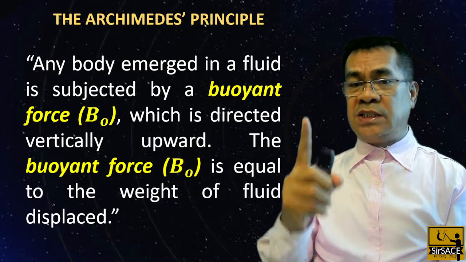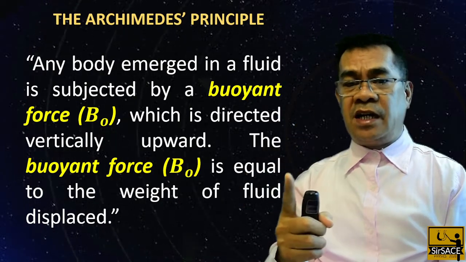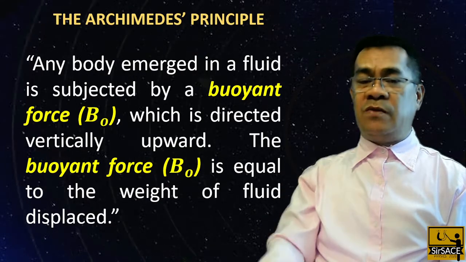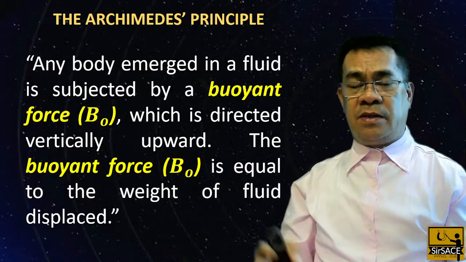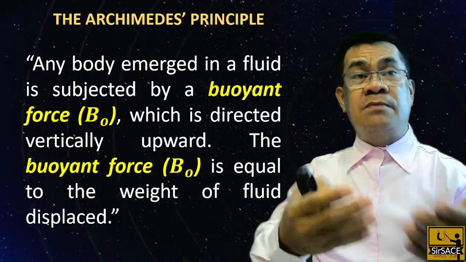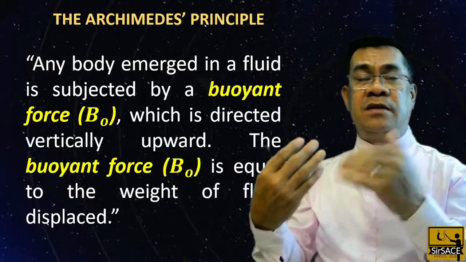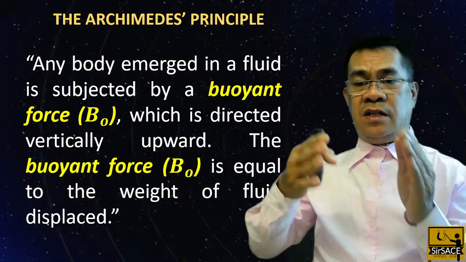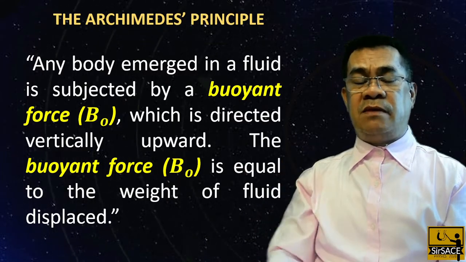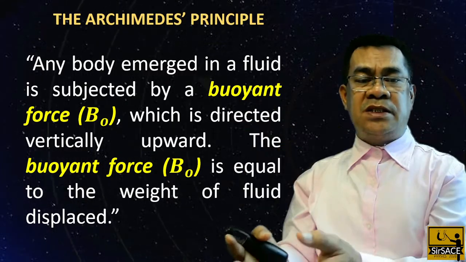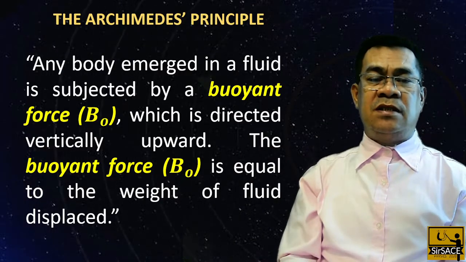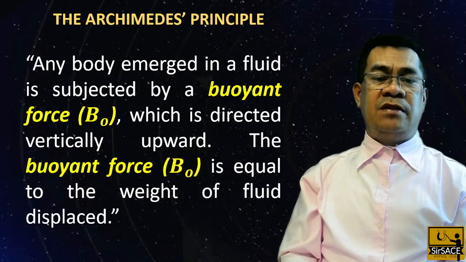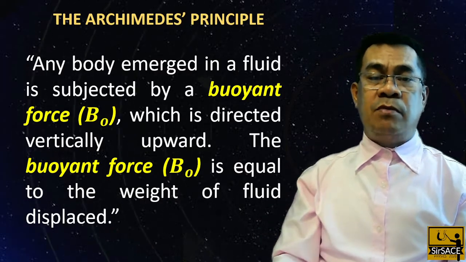The direction is vertically upward, and that buoyant force is equal to the weight of the fluid displaced. Meaning the weight of the fluid displaced from Archimedes' tub is the buoyant force. Remember that the volume of the submerged object is the same as the volume displaced, and the weight of the displaced fluid is equivalent to the buoyant force.